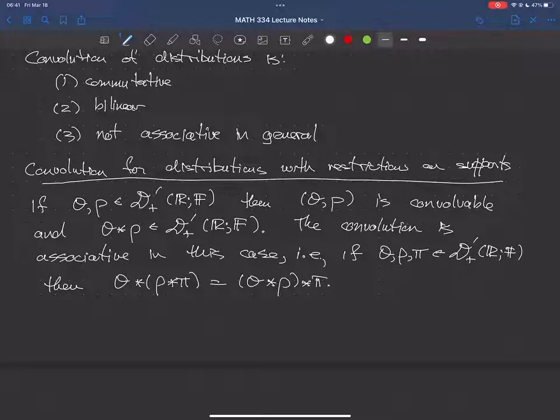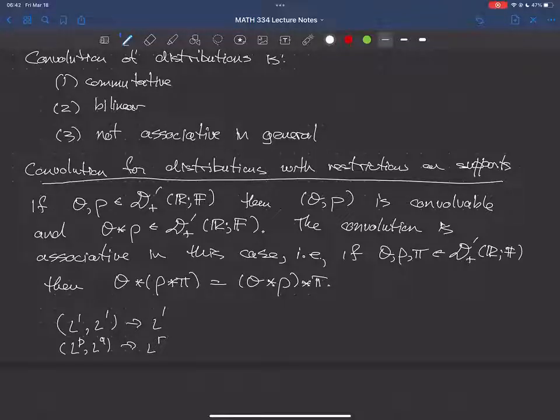Remember that for signals, we had L1, L1: if f, g were in L1, then the convolution is in L1. Then we had Lp, Lq, Lr, the Young's inequality stuff. We're not going to get results exactly like that for distributions; we're going to get results that look a little bit different. So we'll talk about that next time.